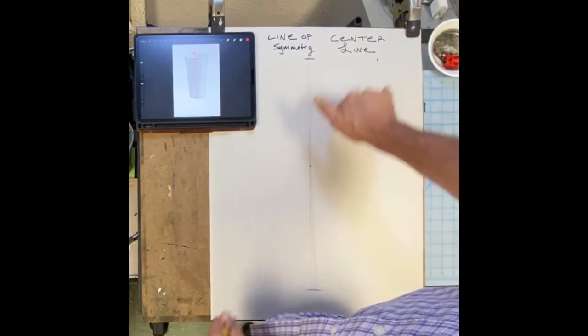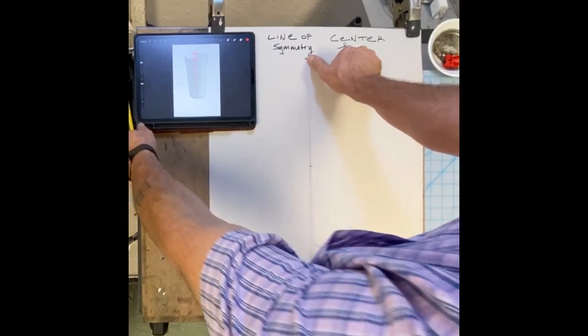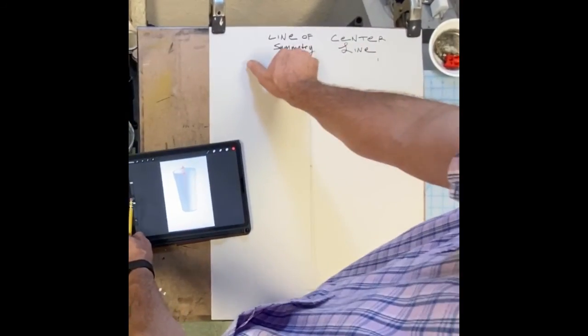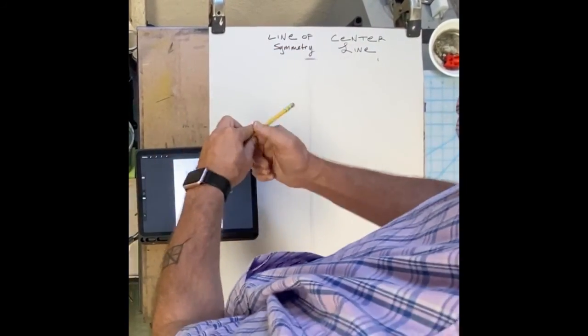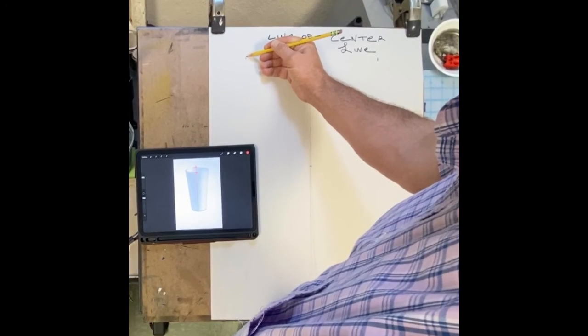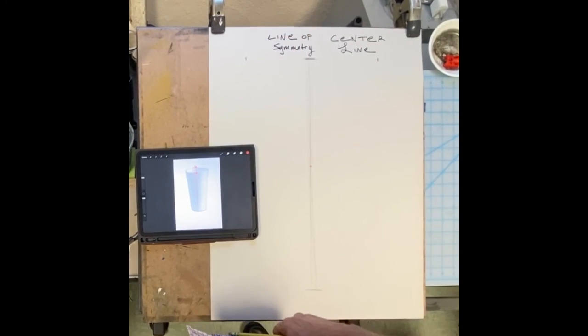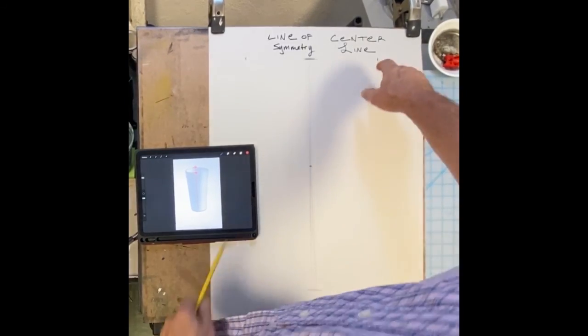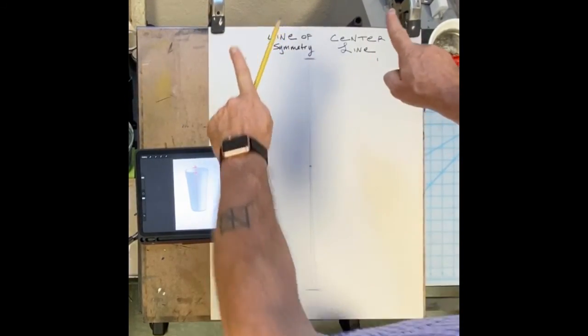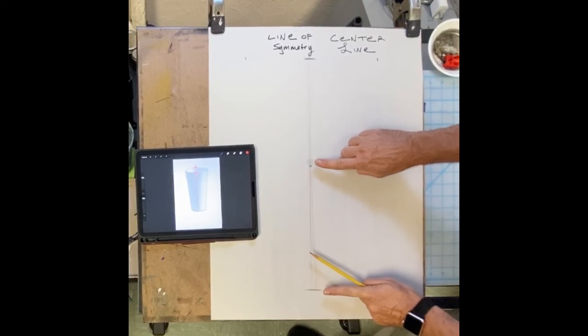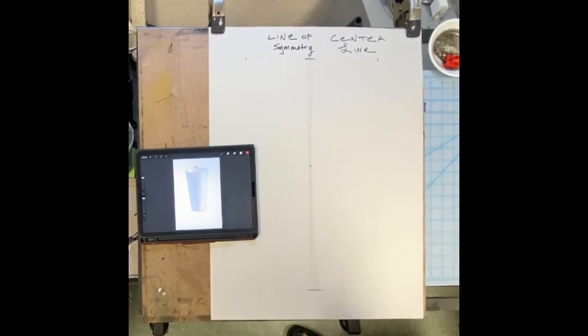And here's the beauty of it. All you have to do is move that line over and make sure that it's equidistant from the center of that object. Okay, so that's a very important thing to recognize. And this dimension should equal this dimension, and it does.